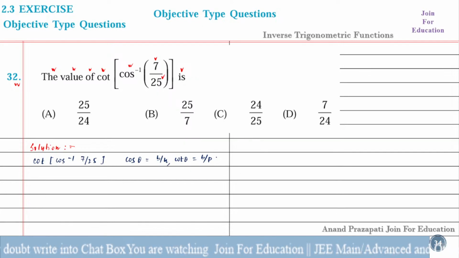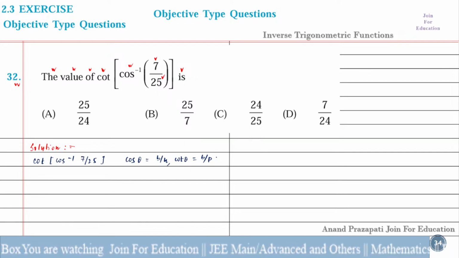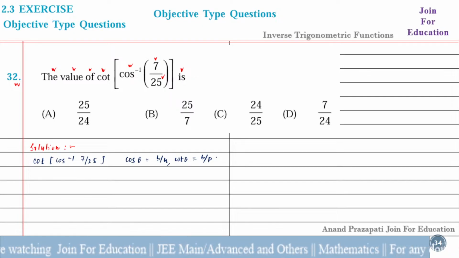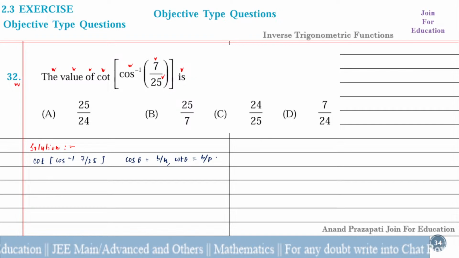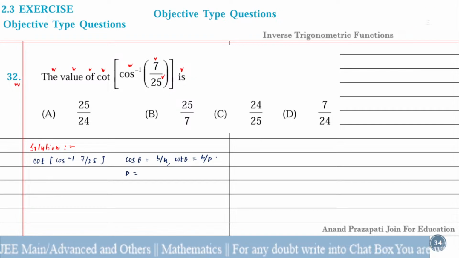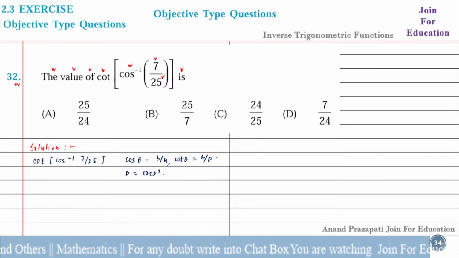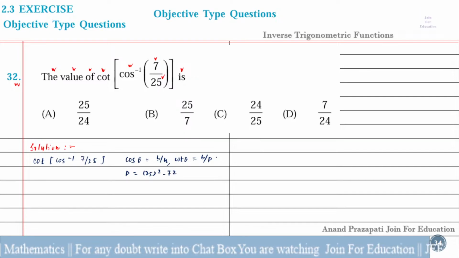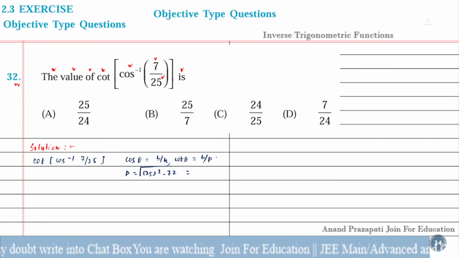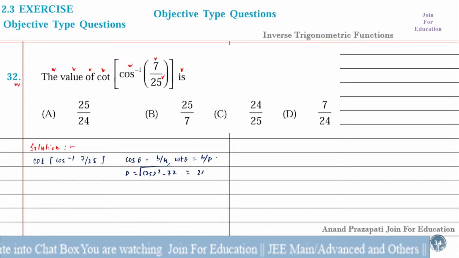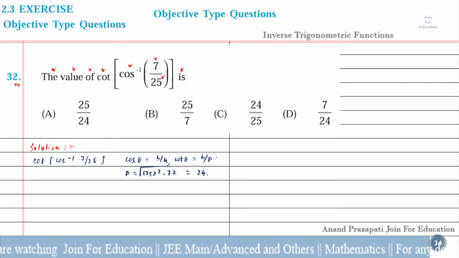Here in the given question, b is 7 and h equal to 25. Therefore, here p equal to square root of 25 square minus 7 square. After the calculation, we get 24. Is there any problem understanding up to this step?